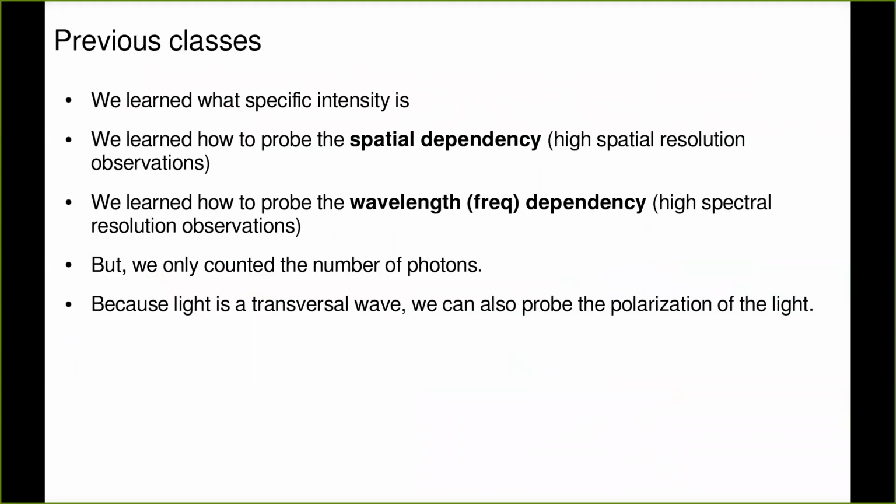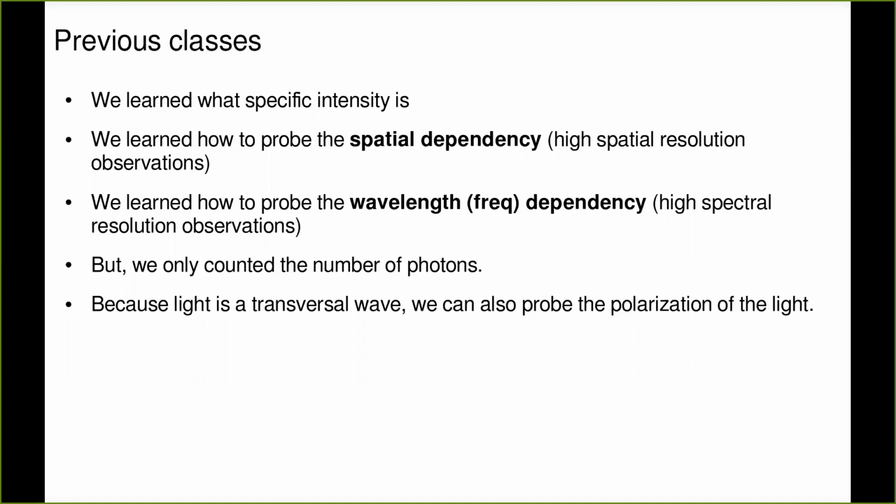And so what we studied by now is that we took a look at specific intensity. And this is also something gradual, like the next level of treating the light.